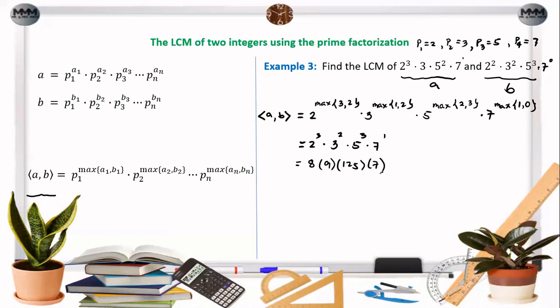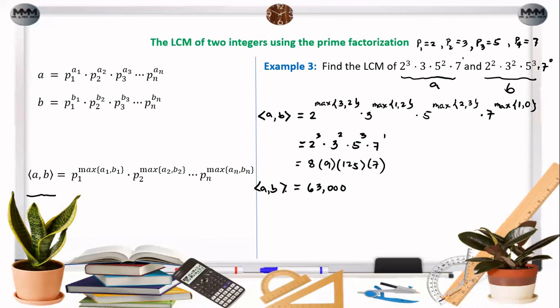You can use your calculator to get the product. 8 times 9 times 125 times 7 is equal to 63,000. So we have here the LCM of the given two integers, A and B.